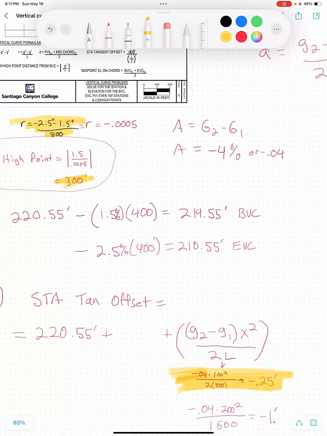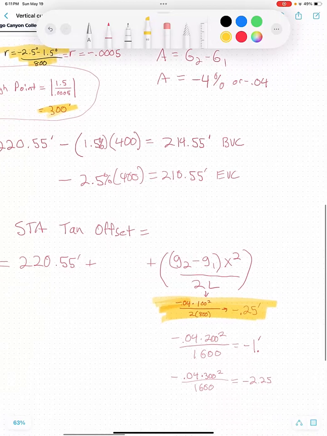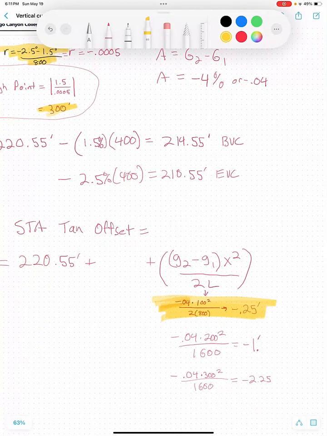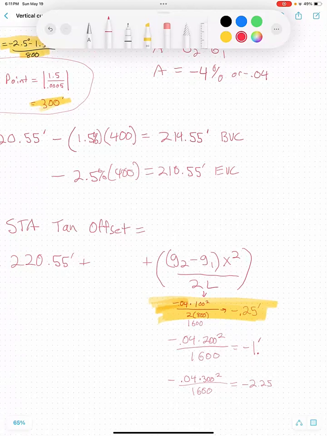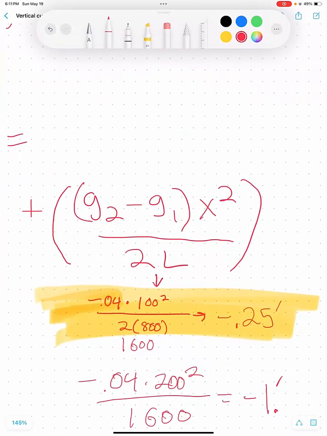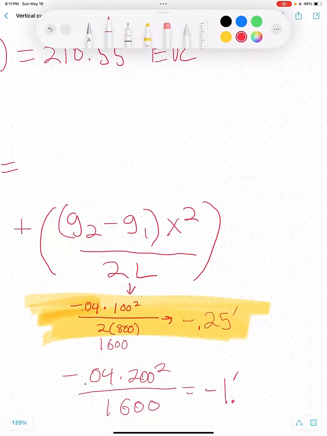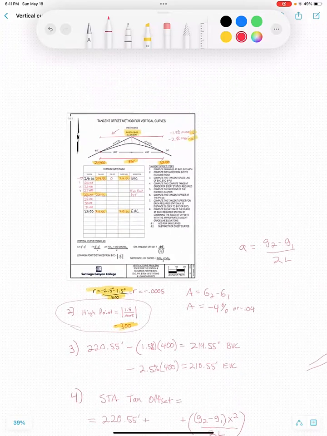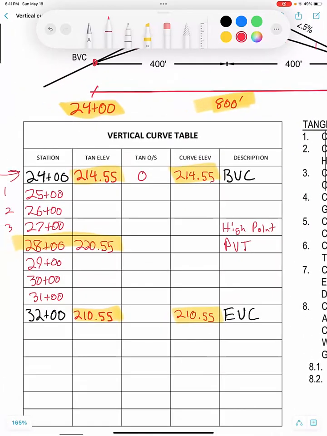We have G1 minus G2 times the distance squared over 2 times the length. That bottom number in this instance is always going to be 1600. So that first one is minus 0.04 times 100 squared, divided by 1600, and that's negative 0.25. So the first number we would add on as the tangent offset is 0.25 feet.